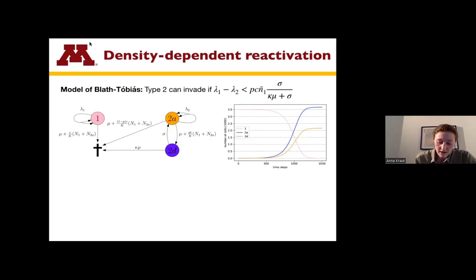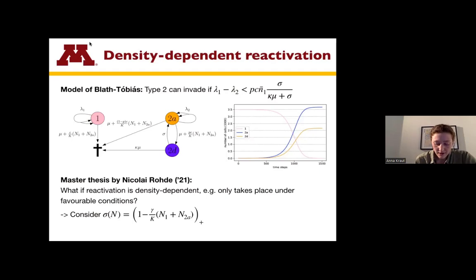We've seen previously that this type 2 can invade type 1 if the advantage of dormancy, so the probability of acquiring the dormant state and then reactivating before dying, outweighs the advantage of the one type due to a higher reproduction rate.